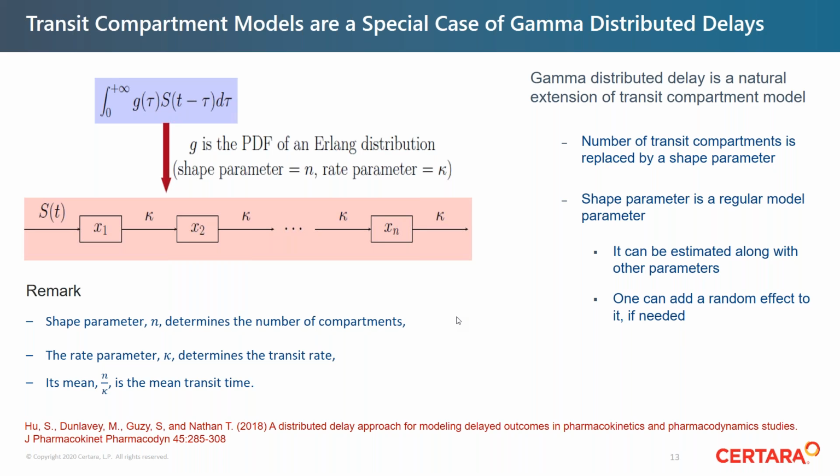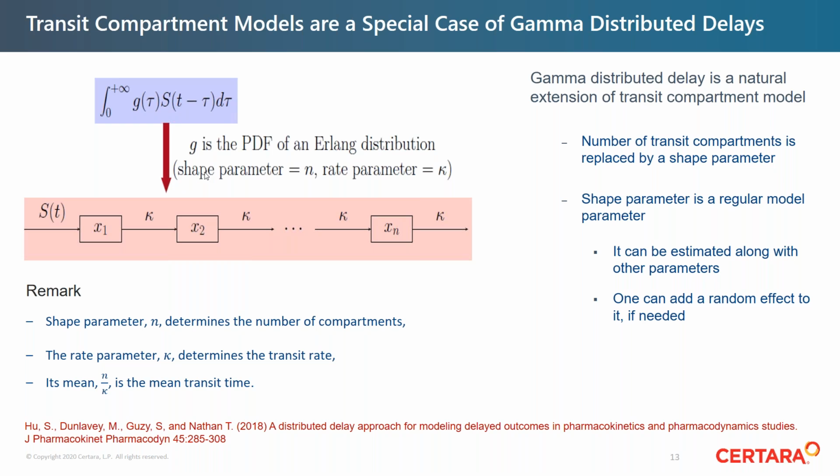Now, this is one of the important slides in this talk. Now, if we assume the shape parameter of the gamma distribution is a natural number, that is an Erlang distribution, then the gamma distributed delay just reduces to this transit compartment model with this convolution equal to the product of the transit rate and the last compartment.